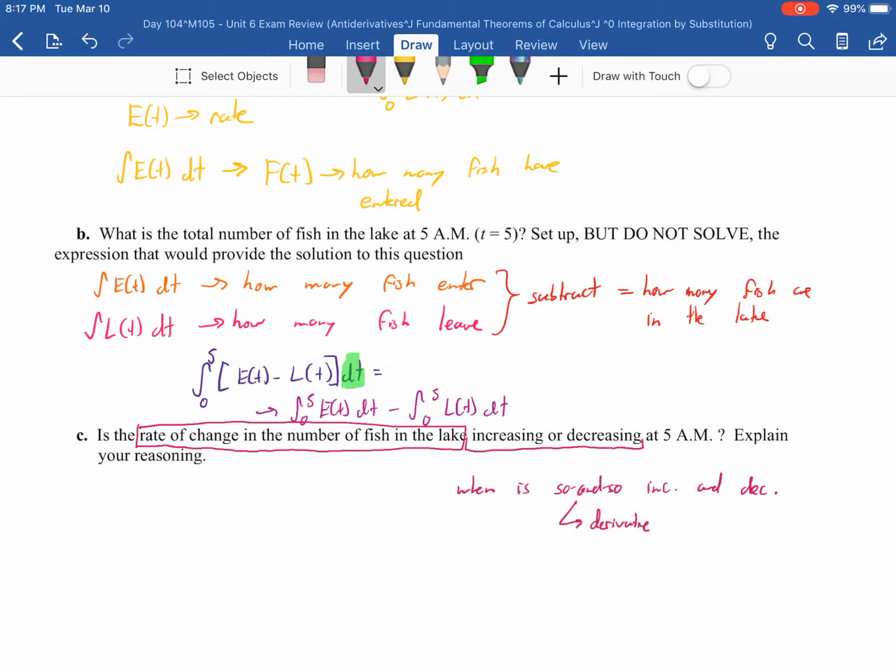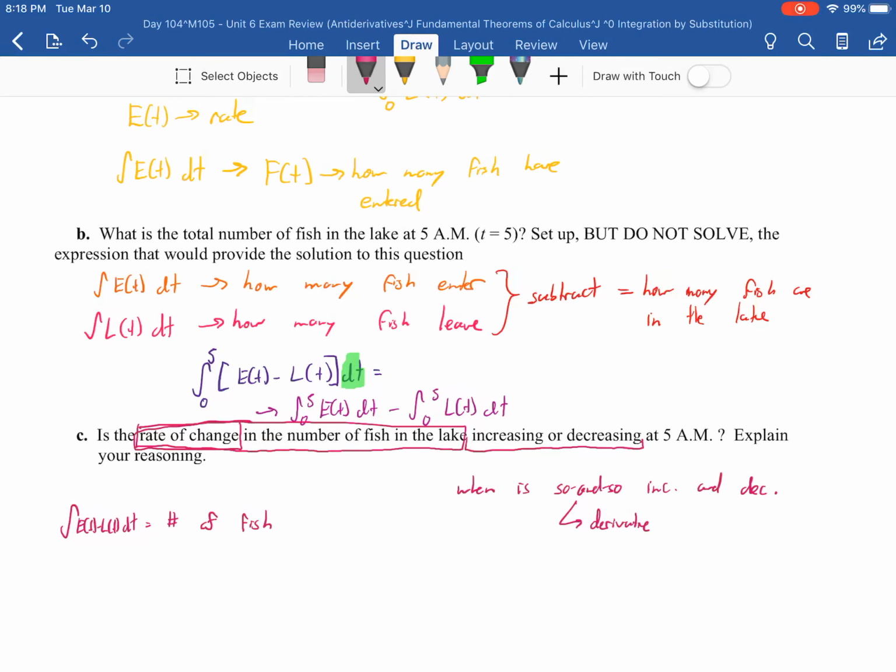Well, if the integral of part B is the number of fish, the rate of change, remember, is just a fancy word for the derivative, would be the derivative of this expression. Let me just make this a little bit better. E of t minus L of t. The derivative of this expression would be the rate of change.